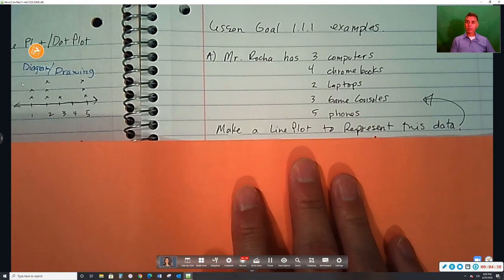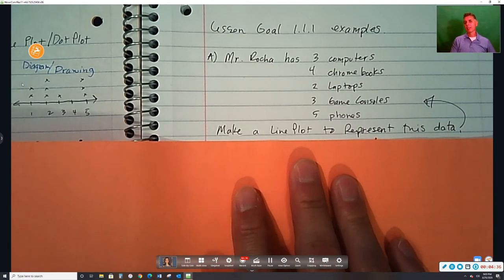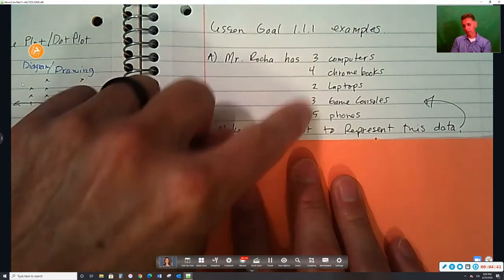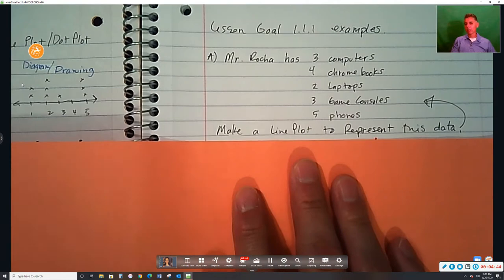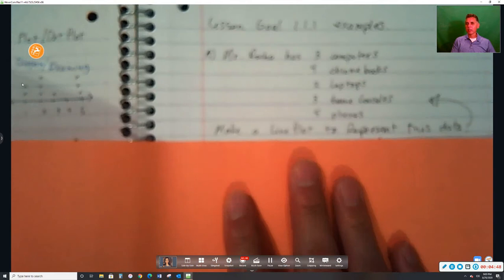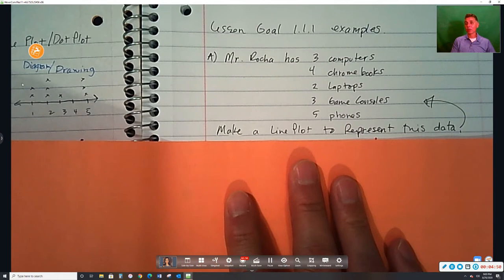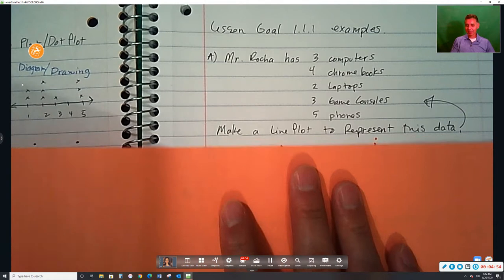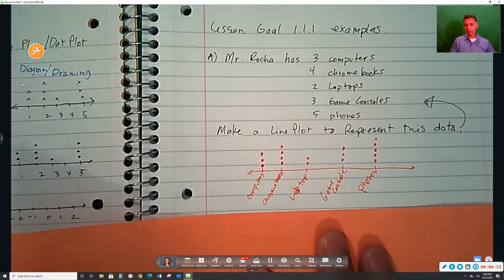But what we have to do is make a line plot to represent this data. Okay? And the data, there's basically 1, 2, 3, 4, 5 numbers there. We're going to make a line plot. I actually made a dot plot. I made this video earlier. I didn't record, so it's already worked out, but it would look something like this. Okay?